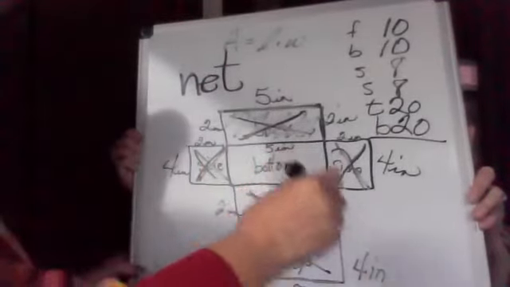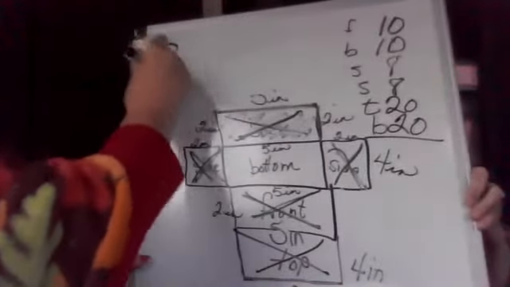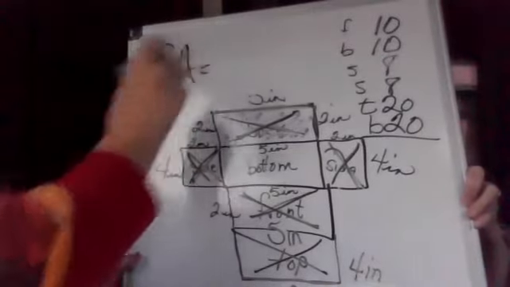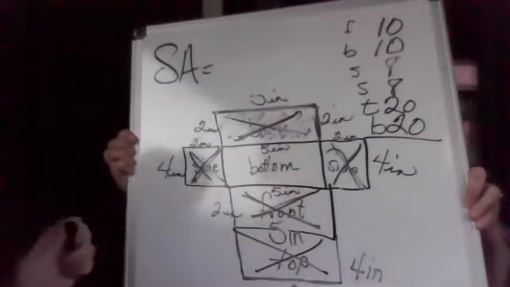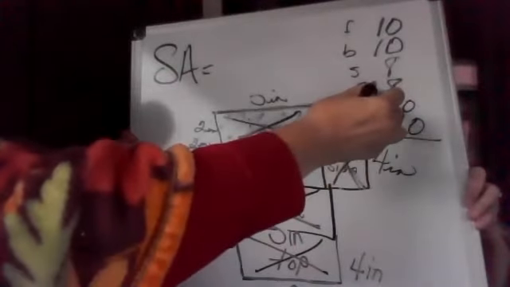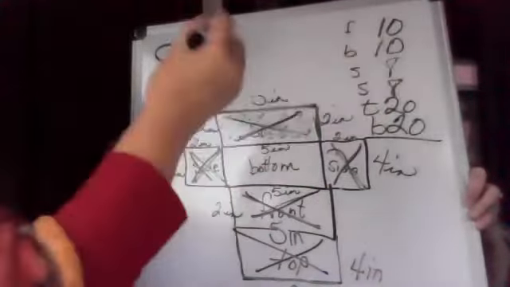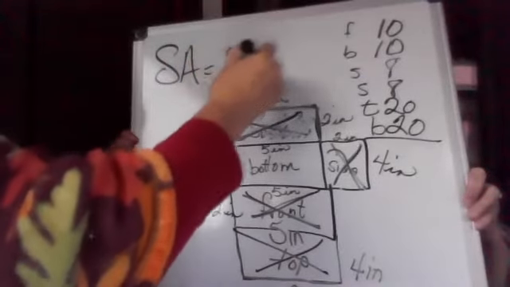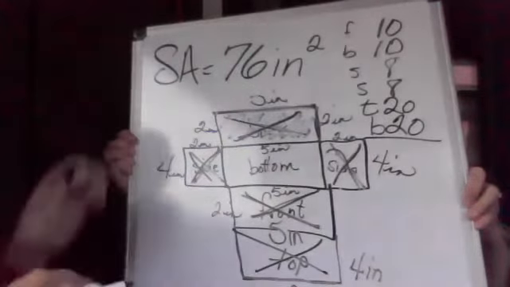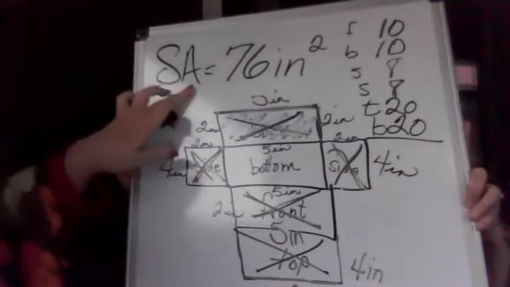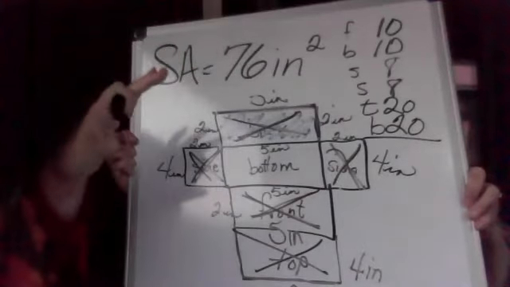And so the total surface area of this, if it was put back together or as a net, is going to be, what did I say, 56, 40, 50, 60, no, 20, 40, 60, 76, silly girl, inches squared, because it's surface area. Area is squared units.